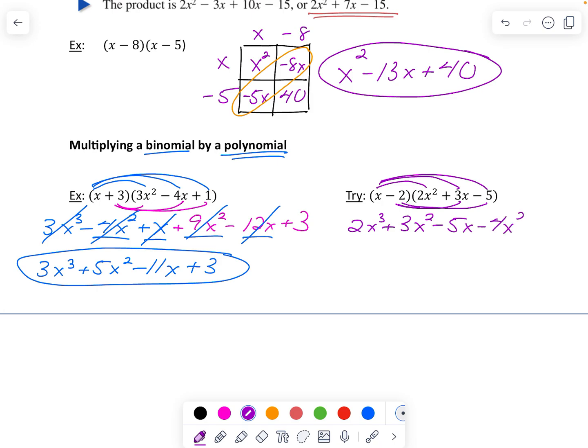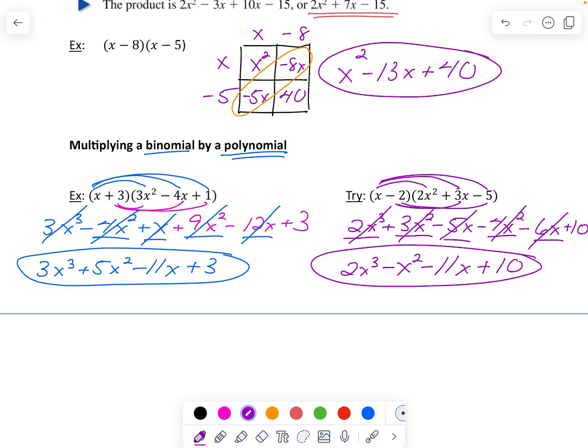Negative 4x squared minus 6x plus 10. So final answer, 2x cubed, done with that, minus x squared, done with those, minus 11x, done with those, plus 10. And that'll do it.